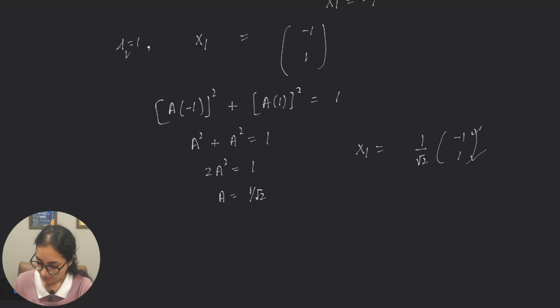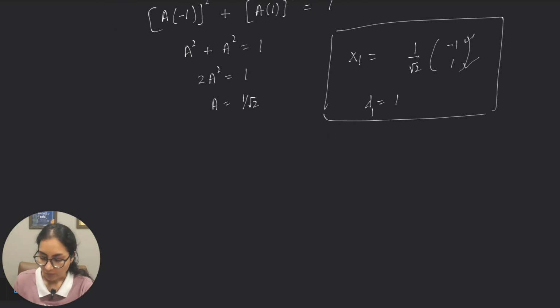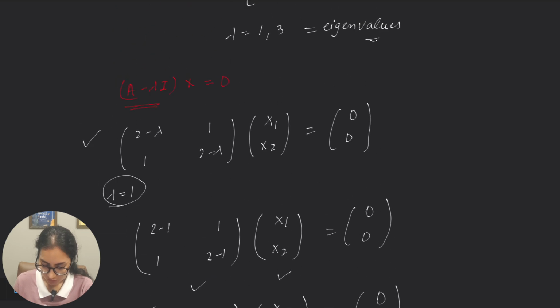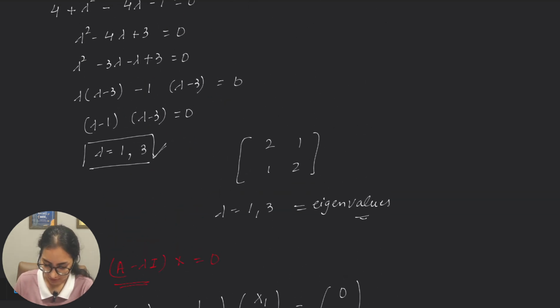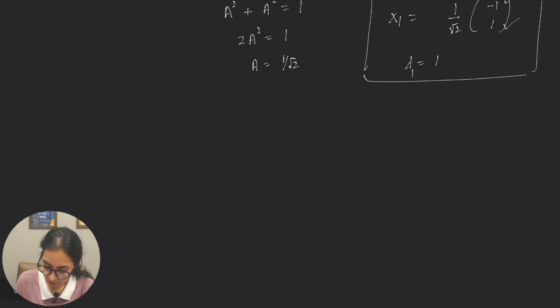So this is an eigenvector corresponding to lambda equals 1. Let's label it lambda 1. Now let's find another eigenvector, for the eigenvalue lambda 2 equals 3.